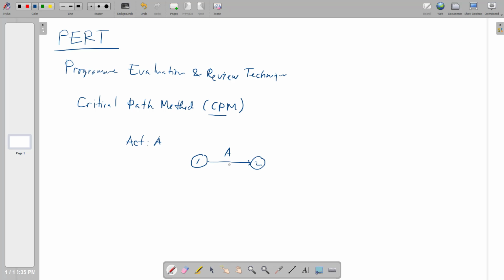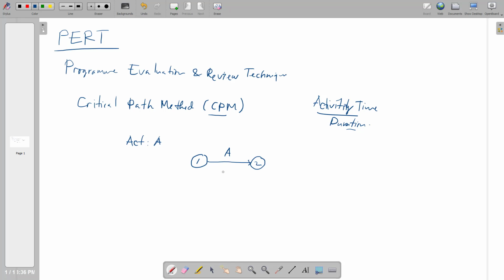Activity A. You do remember that for each activity there will be a duration. We call it the activity time, or activity duration. Any of these is okay, but we are talking about the completion time of each activity.